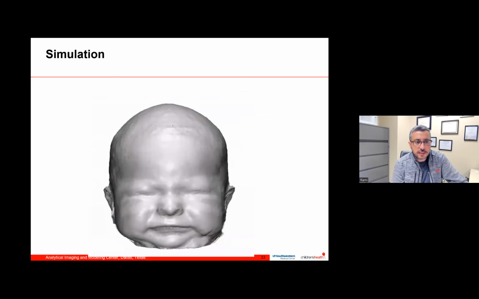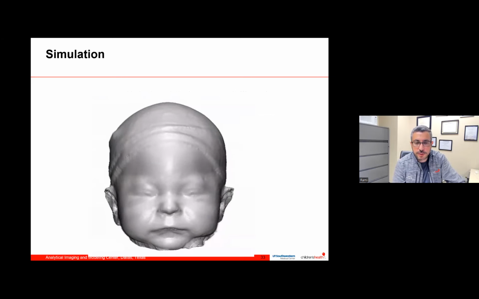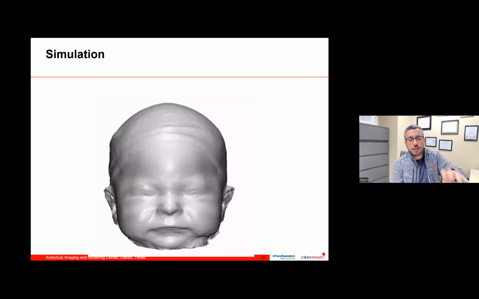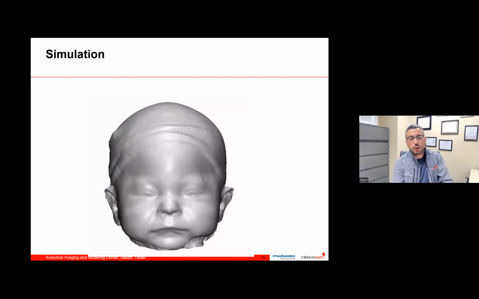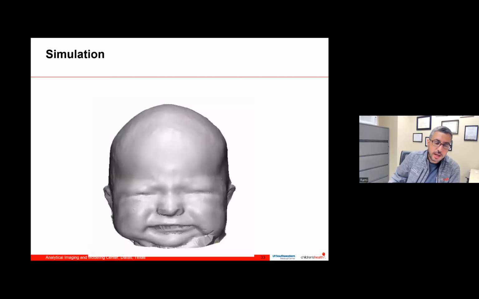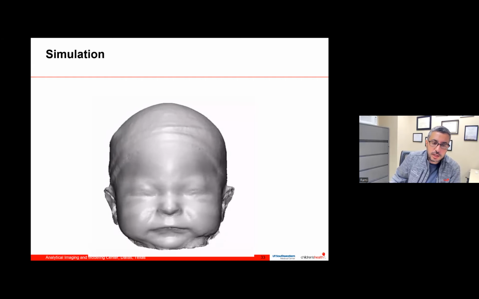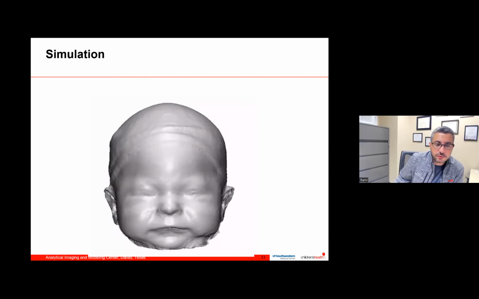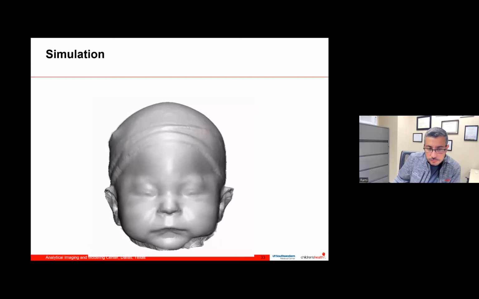So here, I did a simulation. I took a normal patient and a patient with severe metopic craniosynostosis, and I deformed this 3D model to look like a metopic craniosynostosis. And we used an eye tracking study, and we asked lay people who don't know much about craniosynostosis to tell us where they start noticing abnormality.